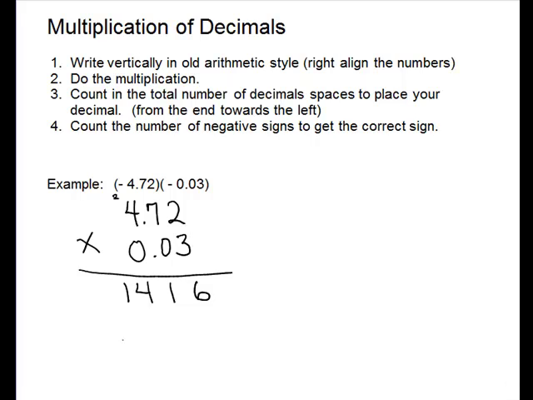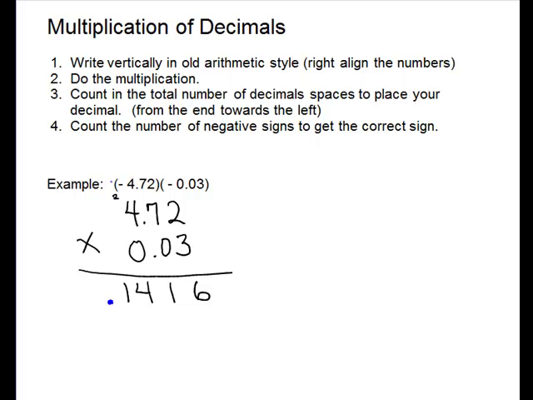Now we'll count in our total number of decimal places. We had 1, 2, 3, 4 in our problem, so we have to go in 4 places. 1, 2, 3, 4. Decimal will go here. Count your negatives. We have 1, 2 negatives. That's even. It will give us a positive answer.